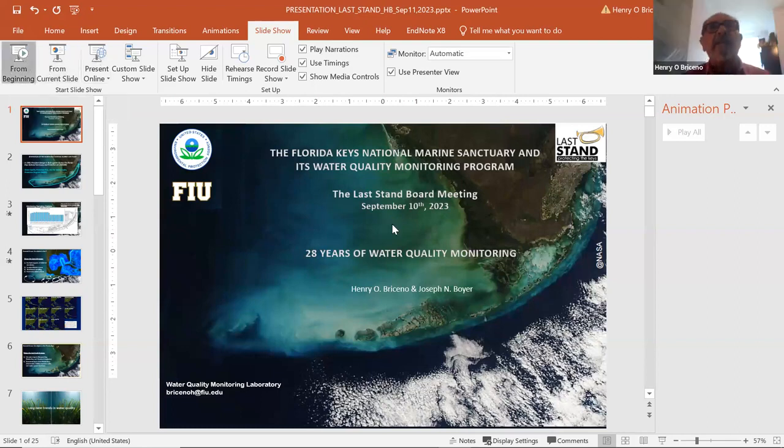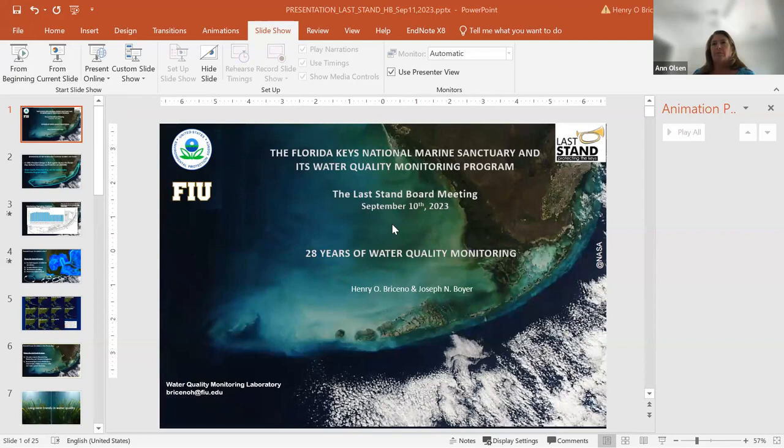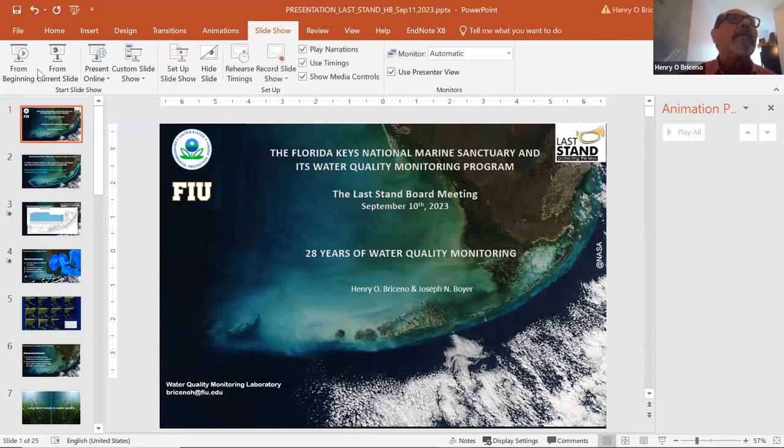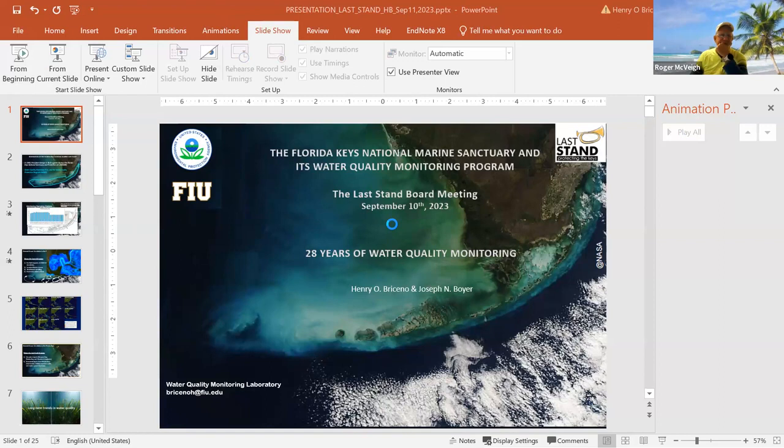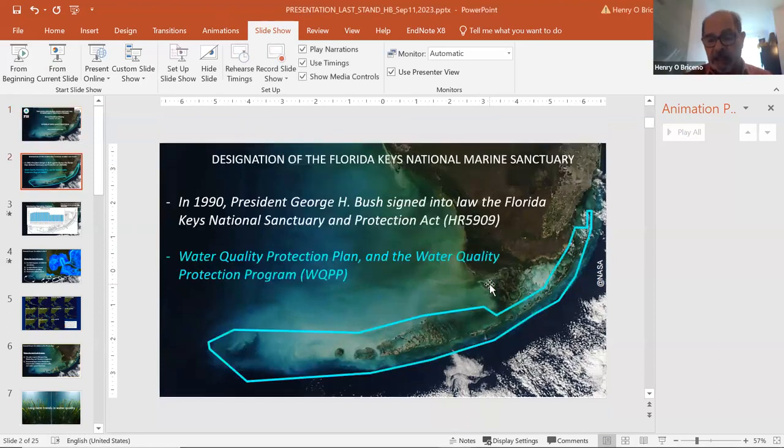Let's see if it works. Did it move now? Can you try double clicking on it? I did what I was supposed to do. Can you see a change now or not? No, it's not taking your input. I'm sorry, I don't know what's going on, but can you see the second slide?